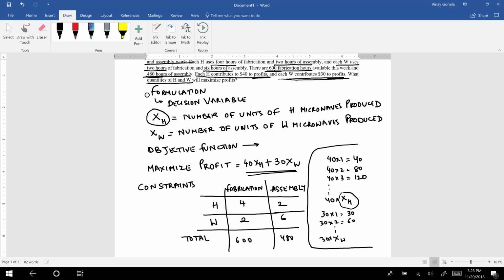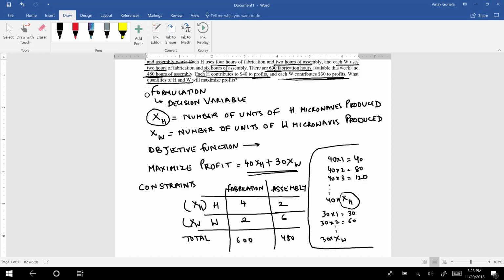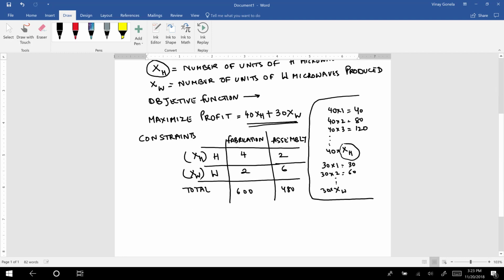So I am producing XH of H microwaves and XW of W microwaves. For the fabrication, each H produced will use 4 hours. So 4 times 1, if I produce 1 H microwave, it will take 4 hours. If I produce 2, it will take 8.